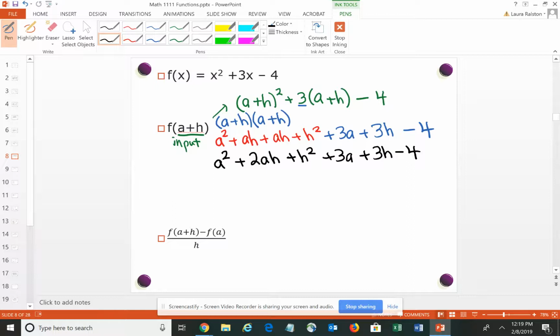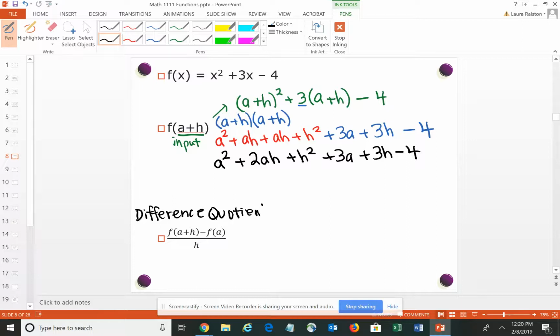Now, this last question is kind of a special formula. I've got A's in there, but you could also do it with X's. This is an equation called the difference quotient.